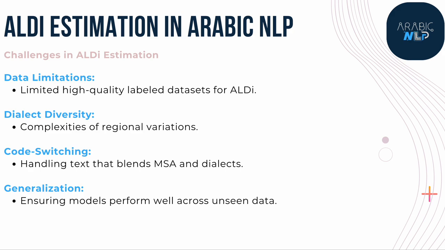But still, we have some limitations in high quality labeled data sets, especially when it comes to ALDi. And because of the complexity of regional variations, dialect diversity is one of the challenges.